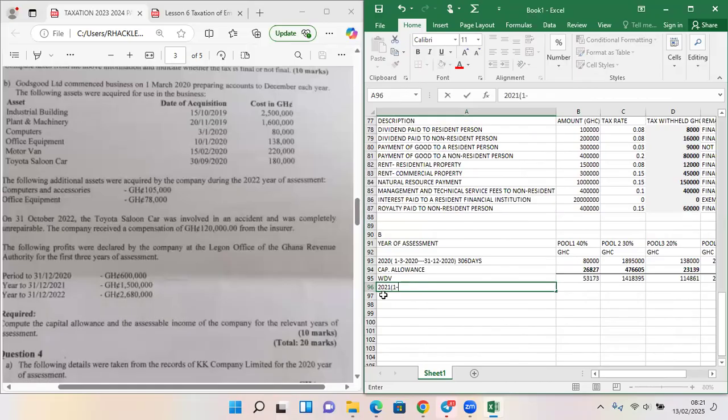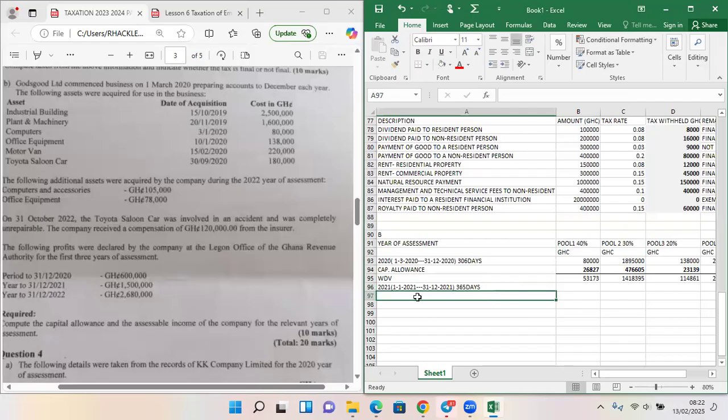1st January 2021 to 31st December 2021. We are going to have 365 days, right? So we don't need to apportion anything now.